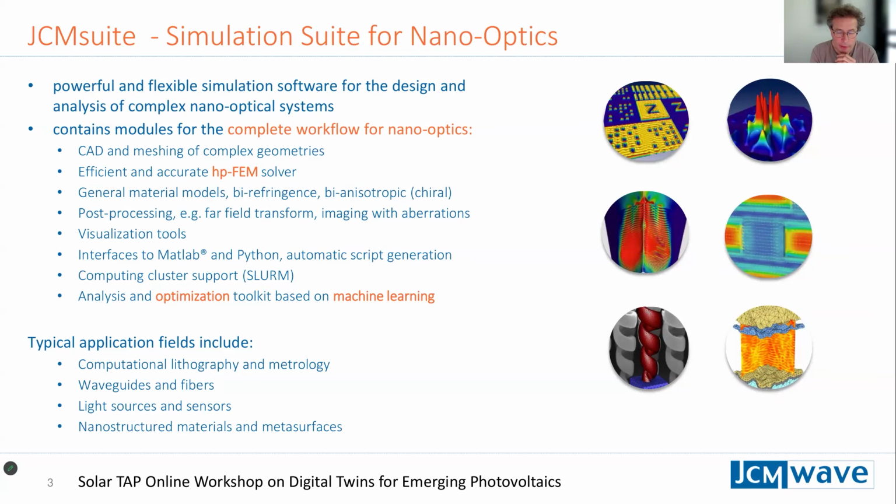We have a cut tool to describe complex geometries, and then also a mesher to make tetrahedral meshes, or also prism meshes or mixed meshes, also 2D meshes, 1D meshes, and so on. On these meshes, we use our finite element method solver, which supports also HP-FEM. I'll come later to what that is. This is a typically very efficient, accurate solver.